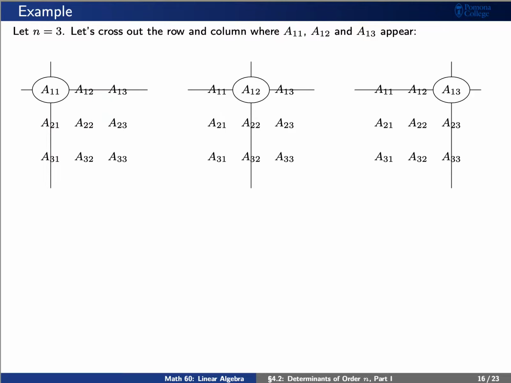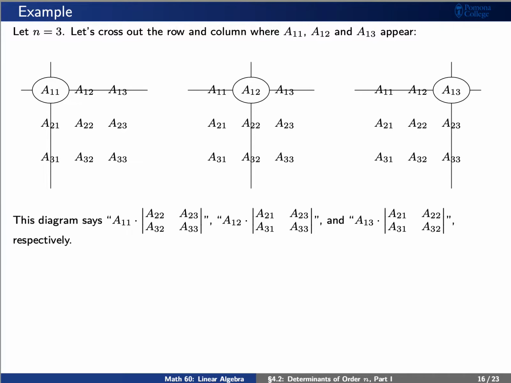Let's now take a look at n is equal to 3. In this case, if we'd like to compute the determinant, we need to write out the matrix A, take a look at the first row, and then start to cross out various columns. So you can see here, along the first row, we have A11, A12, and A13. We need to now cross out the remaining row and column to see what's left over.